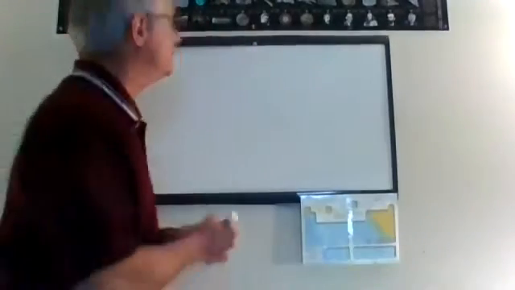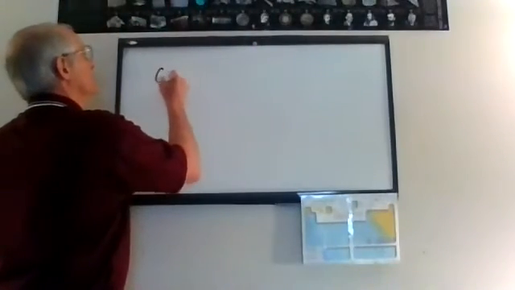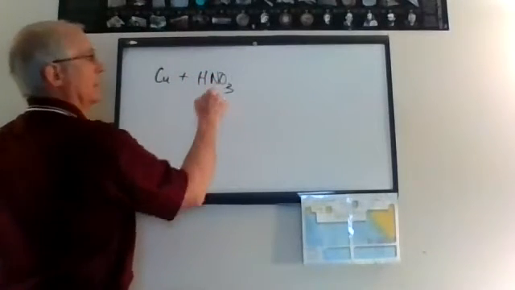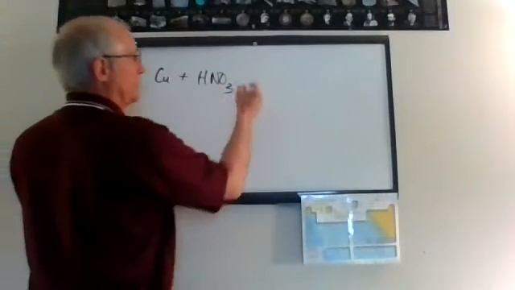Go back to 597. You're going to see the oxidation of copper when you drop a penny into some nitric acid. And so what do you have here? Well, you have copper dropped into nitric acid. That's nitrate, 1 hydrogen.